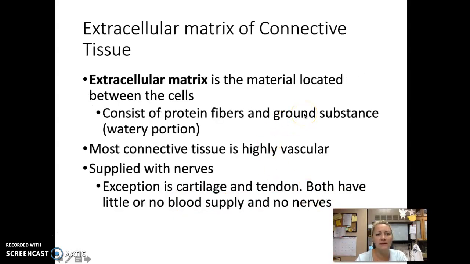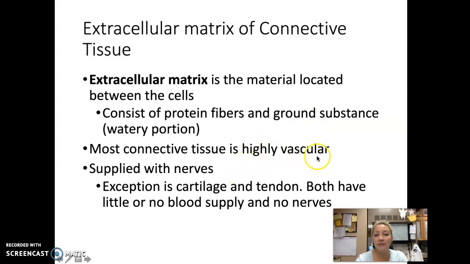So what is the connective tissue made up of? A lot of it's going to be what's called extracellular matrix. Sometimes this is called ECM. And this is going to be kind of like the watery space between all of the different fibers within this. So it'll have different fibers and ground substance, which is like the fluidy stuff.